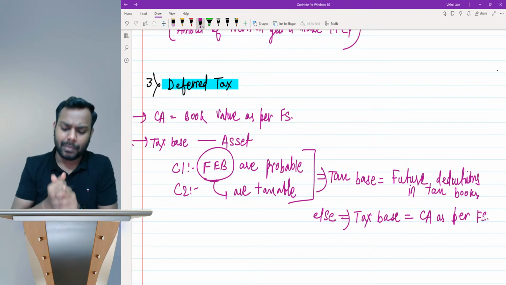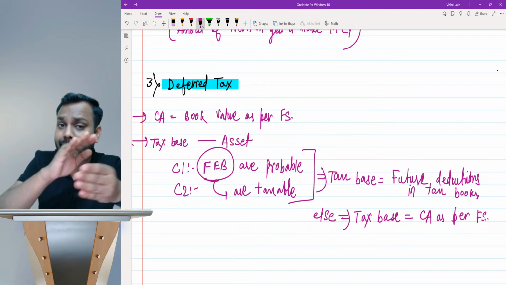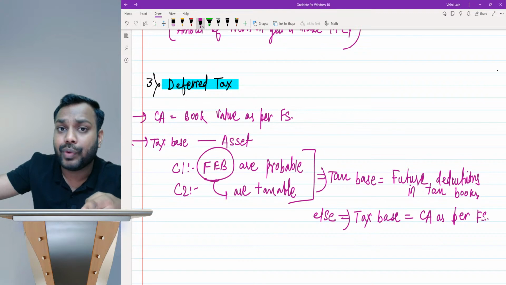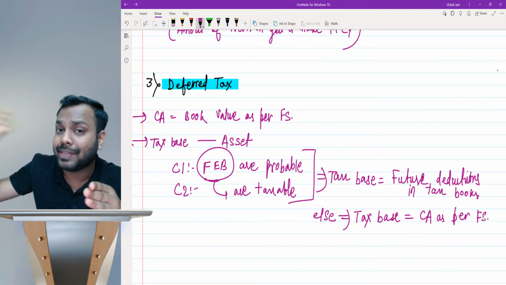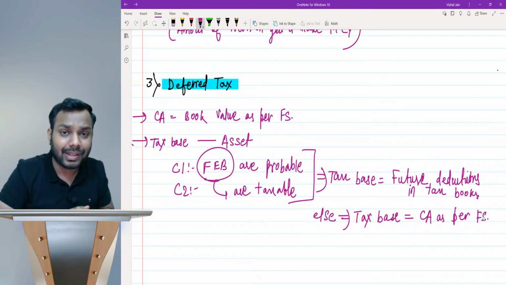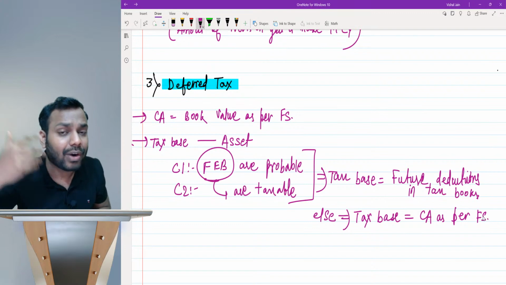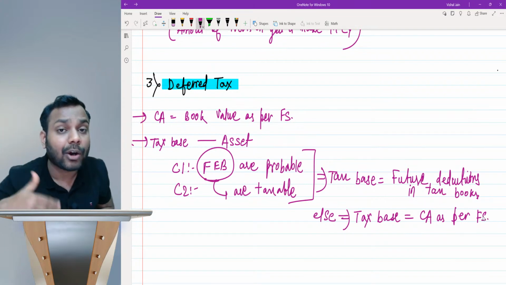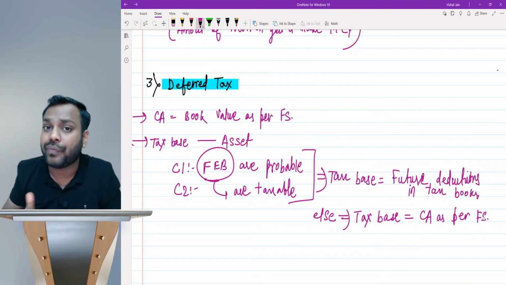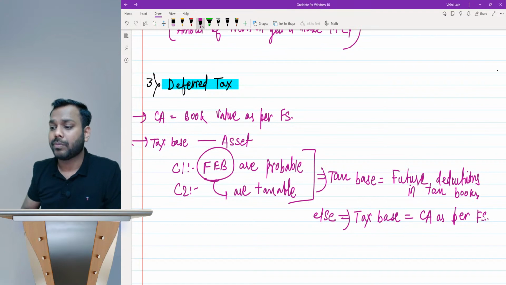Now for plant and machinery, what are the future deductions? The written down value, because the written down value of the plant and machinery will be the deduction in the future as depreciation expense in the tax books. Do you agree with me?